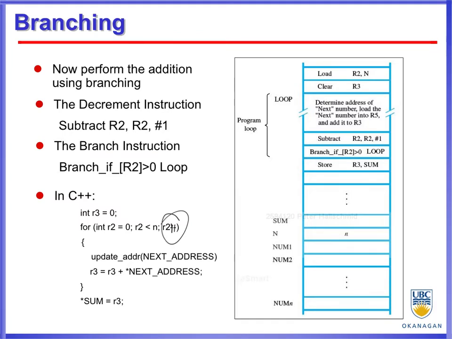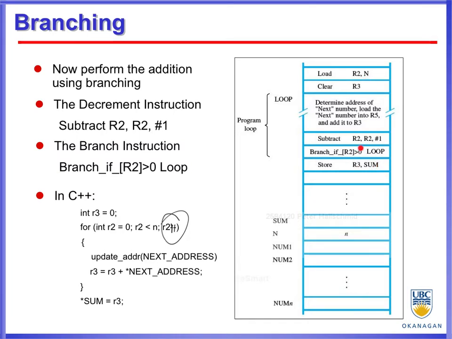We load it into the same register R5, and we add it to our running sum that's contained in register R3. Then we decrement the value in R2 again, and branch. We're just going to keep looping here until we finally have got to the last number, in which case this will be false. And then we just go down here to the next, and we store the result, which is in R3, into the memory location sum.